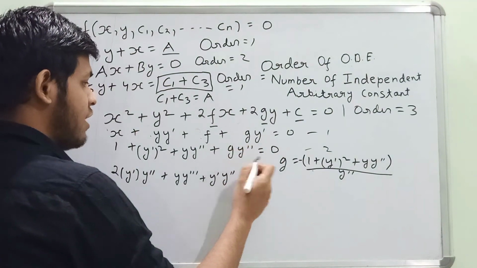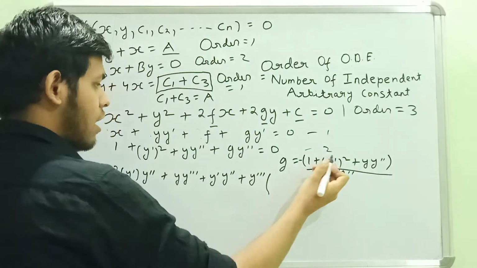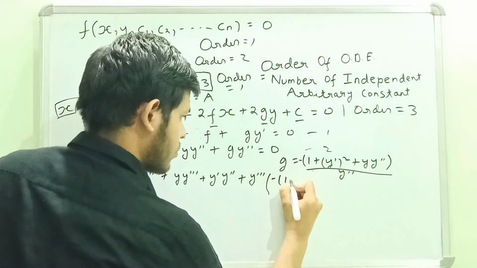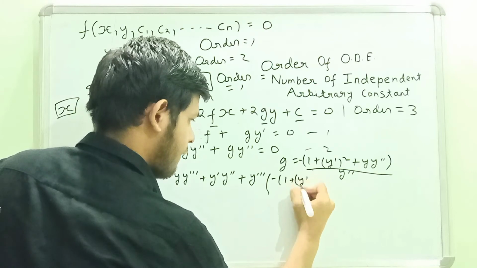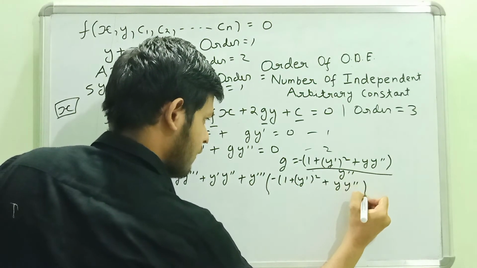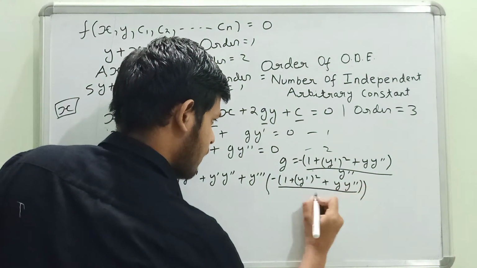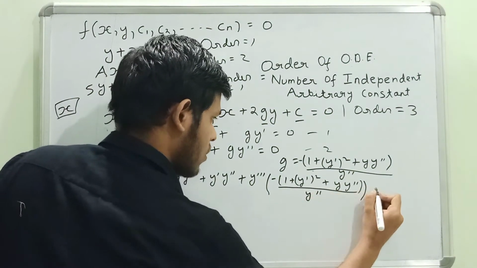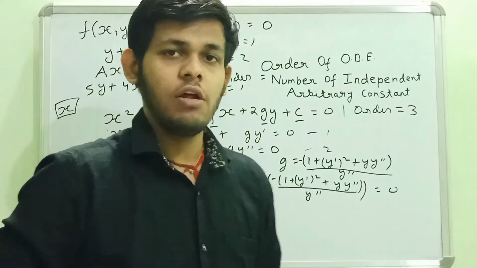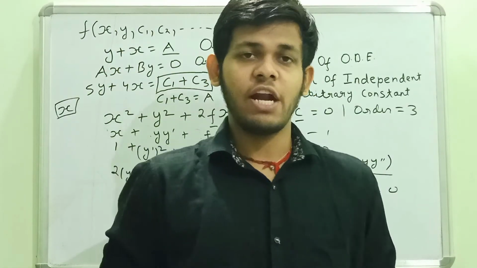Now we are going to put the value of g in terms of y dash and y double dash. So after solving the whole equation, the equation we get will be our ordinary differential equation.